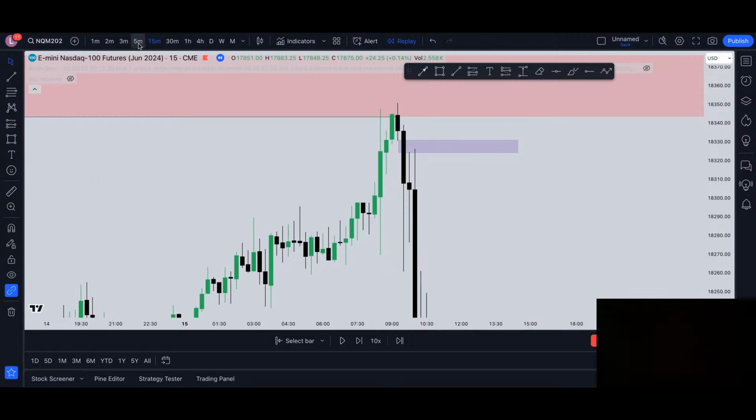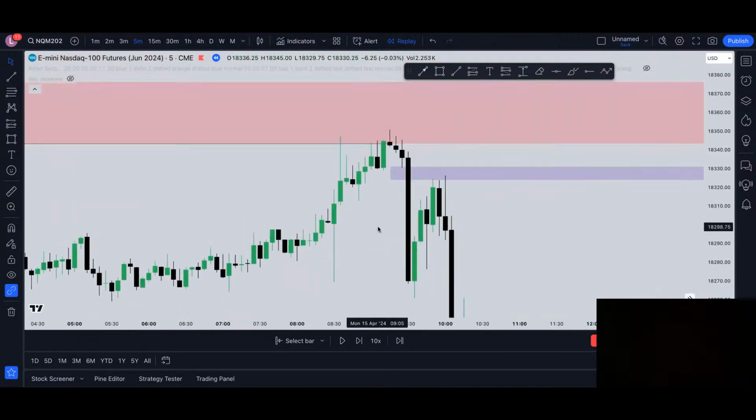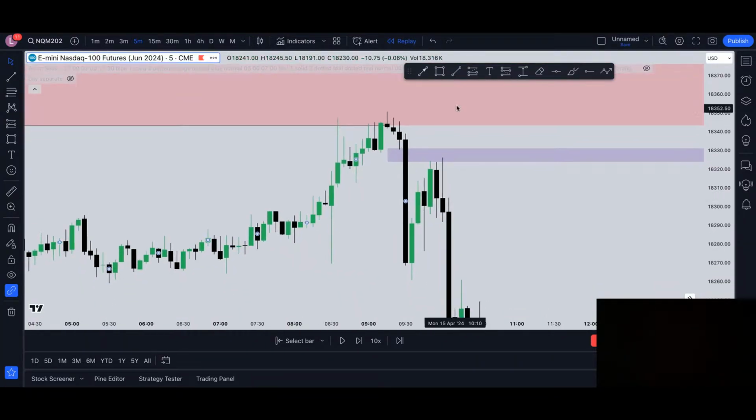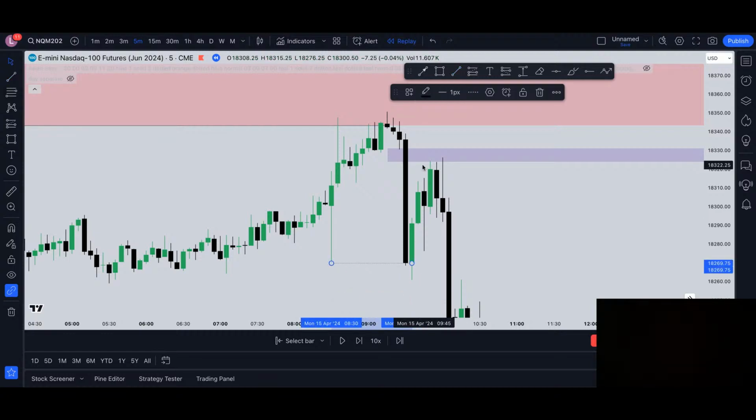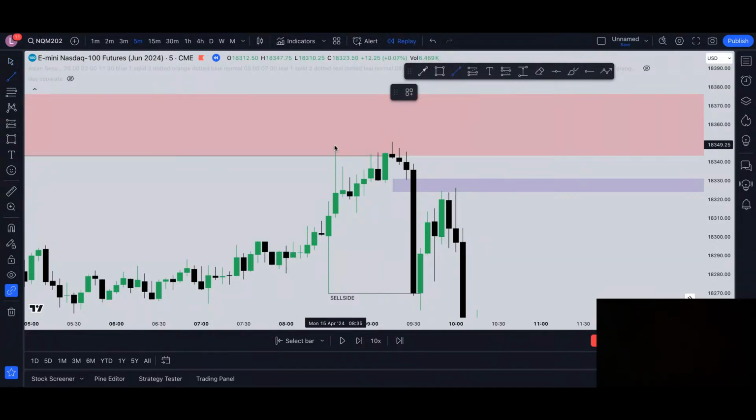So let's go to 5-minute. So 8:30. So this was the data low for the 8:30 news, and I mainly look for the 2022 model from ICT's free playlist mentorship.